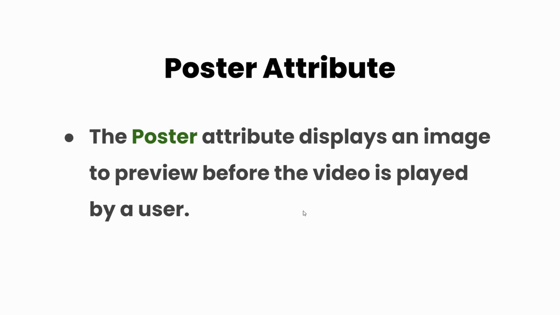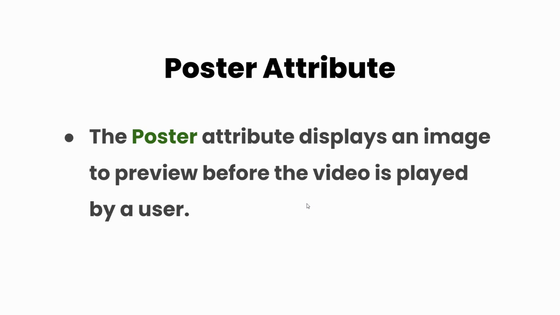So yeah, lastly, we have the poster attribute. So the poster attribute displays an image to preview before the video is played by a user. So the poster attribute is used to show a picture of the video.